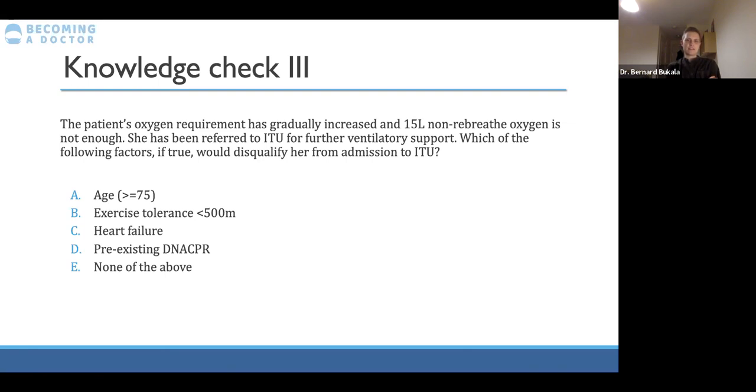But if any of the things that we see here were true, what could we do? Age, exercise tolerance, heart failure, pre-existing DNA CPR, or none of the above? All right, so that's been 45 seconds. That's probably enough. So I'm going to end the poll now and share results.